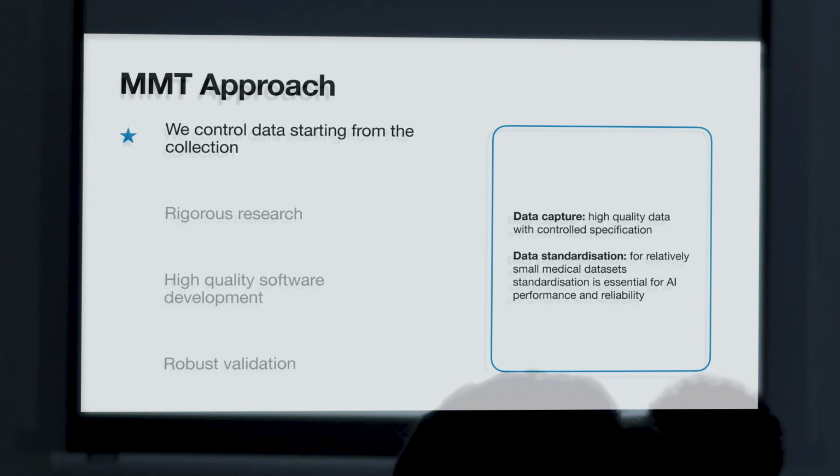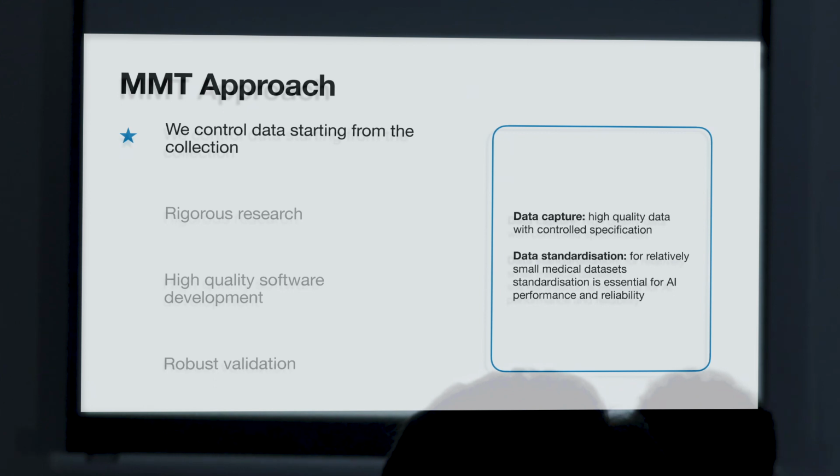About the first step, data collection, why it is important in the medical domain in general. Medical data sets are not large by AI standards. So we might have hundreds or maybe thousands of assessments. But if you think about something like ChatGPT, it's hundreds of thousands or millions of data points.